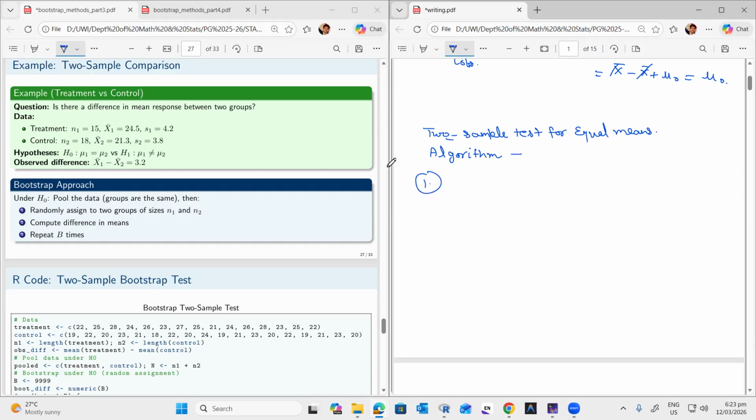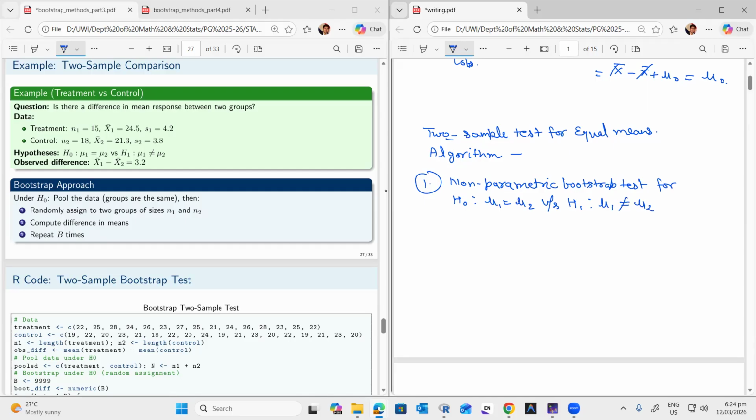It will be a non-parametric bootstrap test under the H naught mu1 equals mu2, against the alternative hypothesis H1 such that mu1 is not equal to mu2.